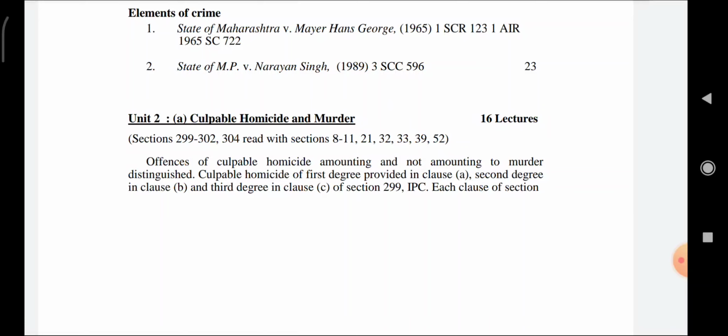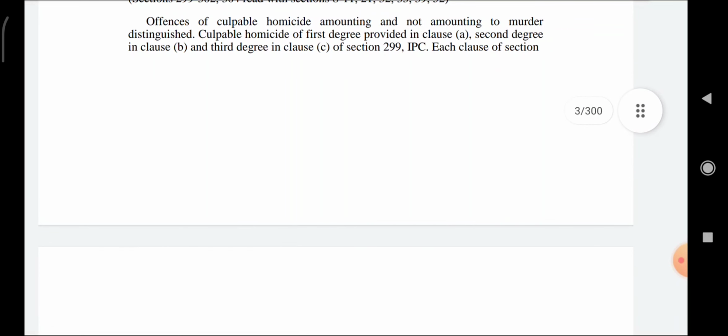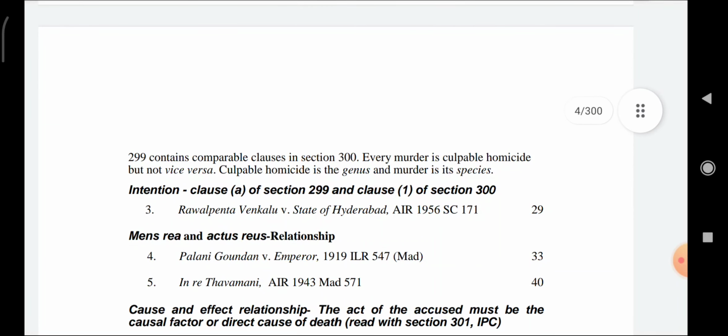Offences of culpable homicide amounting and not amounting to murder are distinguished: culpable homicide of first degree is provided in clause A, second degree in clause B, and third degree in clause C, at the end of section 299 IPC. Each clause of section 299 is comparable with a clause in section 300.